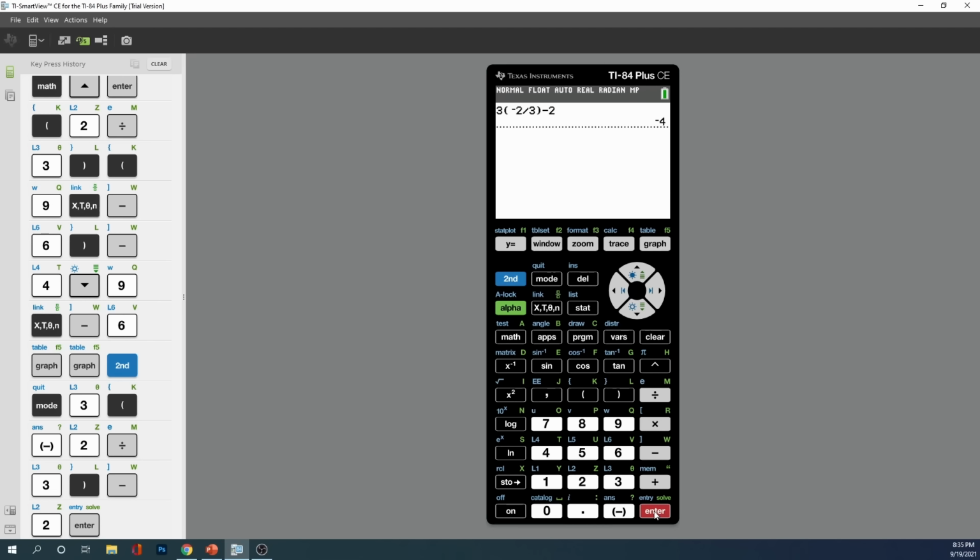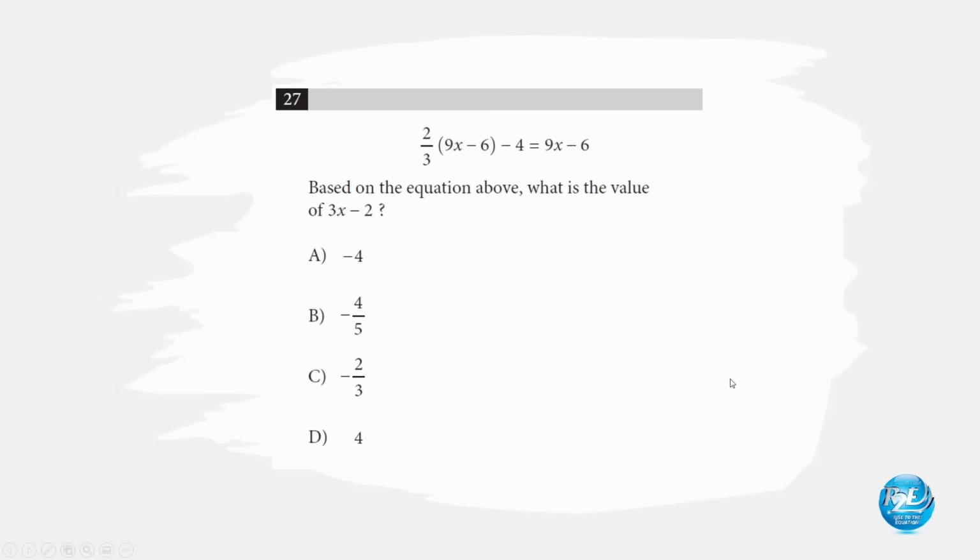And there's your answer, negative 4. Okay, so let's pick A, negative 4. By the way, did you notice that they did have x equals negative 2/3 as one of the answer choices? That's why it's crucial to always circle what the question is asking for so we don't make careless errors.